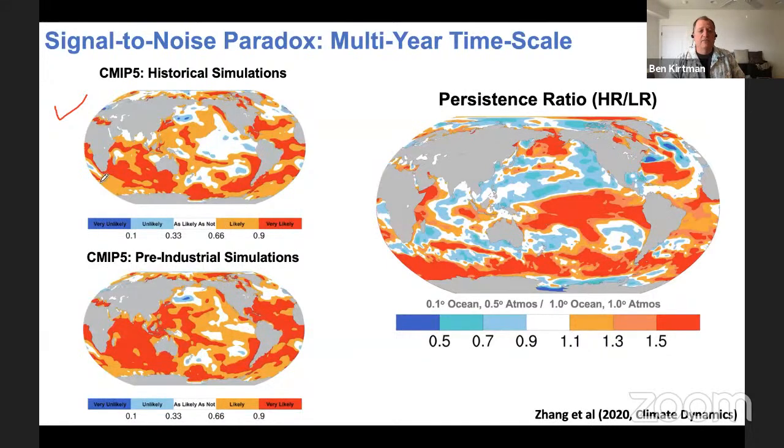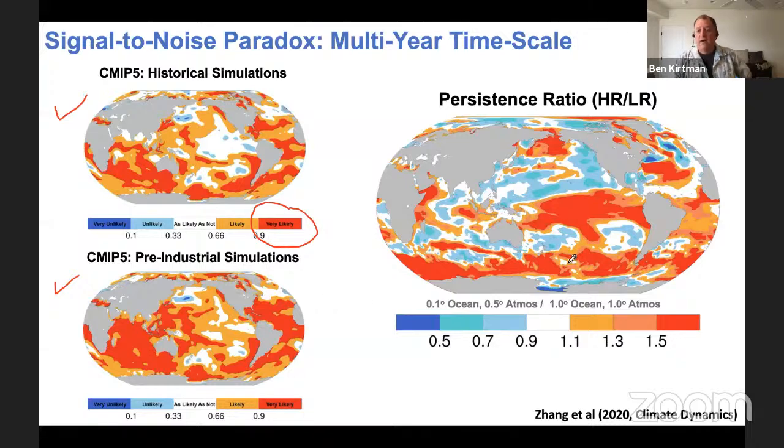This is looking at CMIP5 from the historical simulations, and interestingly, we also did it for the pre-industrial simulations. There are some interesting regions that are significantly different, but what's ubiquitous is that it's very likely on these decadal timescales that we have a signal to noise paradox almost everywhere in the ocean.